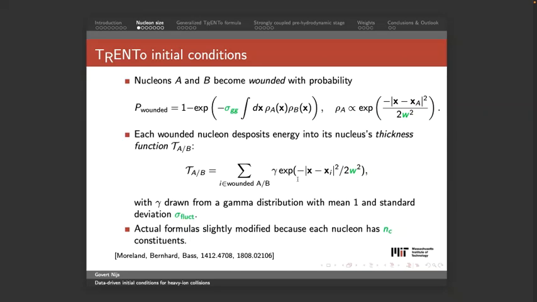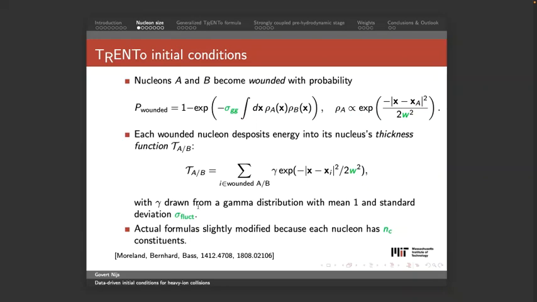And then you also have this gamma, which creates some fluctuations. It's a normalization of the Gaussian. These gammas are drawn from a gamma distribution with mean 1 and standard deviation sigma fluct. If you make sigma fluct larger, you get more fluctuations; you make it smaller, you get fewer fluctuations.